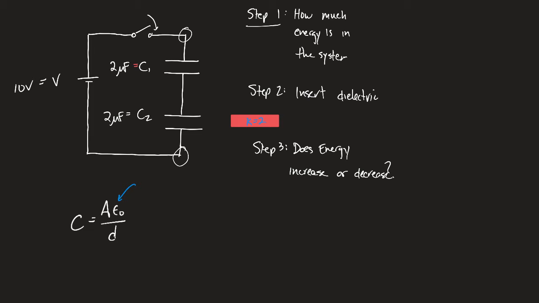Everybody good so far? Well, our new capacitor is A epsilon over D. That's our new capacitor because it has a different dielectric. But the dielectric constant is 2, which means epsilon equals kappa times epsilon naught, or 2 times epsilon naught.